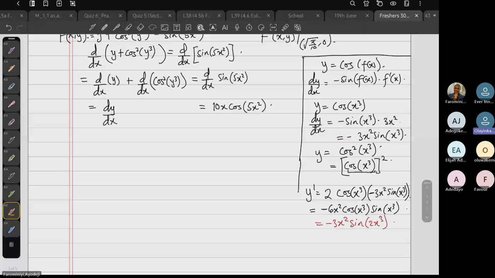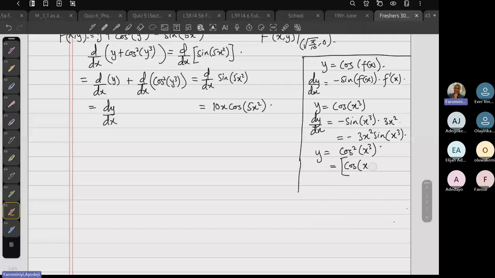Yes, sir. Good. So if it is now y cubed instead of x cubed, the idea remains the same. But this time around, let's do cos f of x. We have already done cos f of x, and I've written its derivative up here.